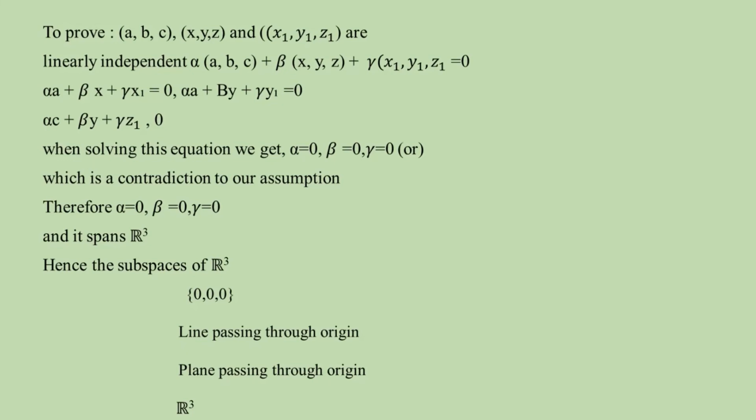So we can conclude that alpha, beta, and gamma must be equal to 0. So these three vectors are linearly independent and they span R3.